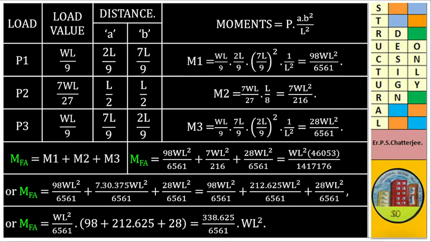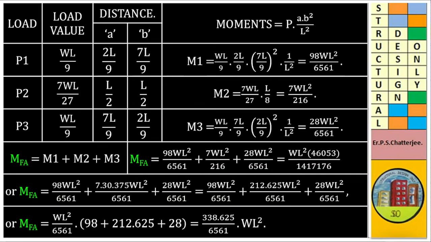We know moment due to a point load P is equal to P into A square B by L square for the left hand support. Say P1 produces M1 moment at the left hand support, so M1 is equal to WL by 9 load into 2L by 9 into 7L by 9 whole square, into 1 by L square, is equal to 98 WL square by 6561.